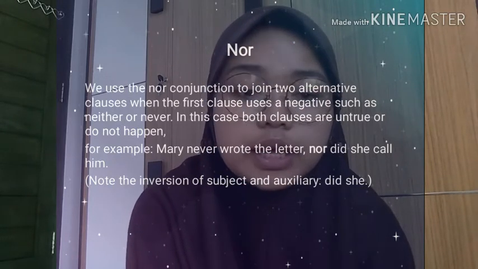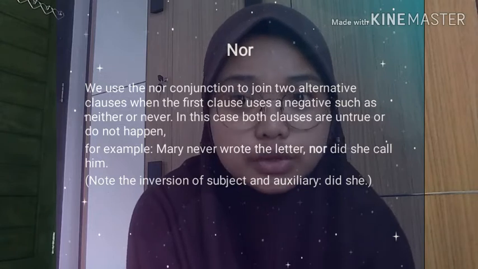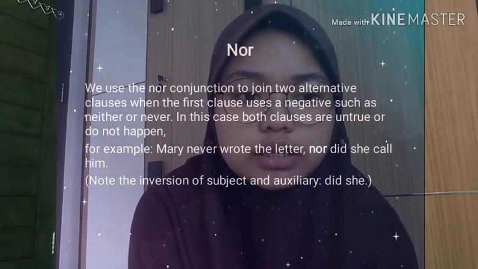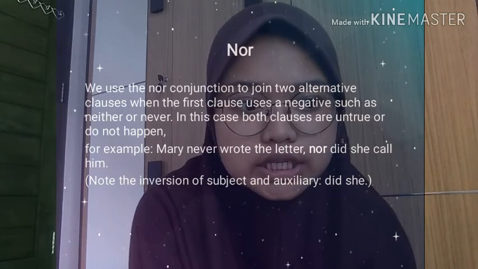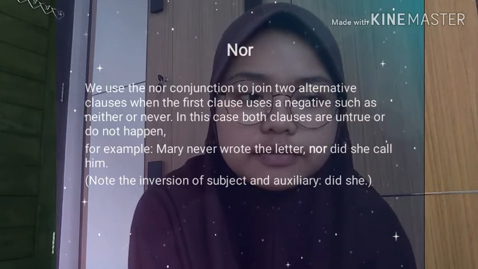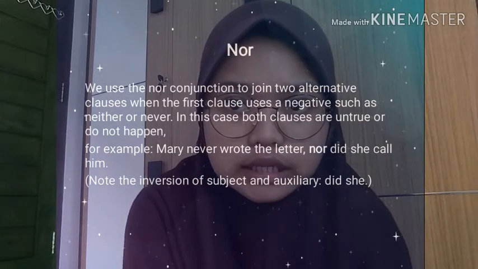For example, Mary never wrote the letter, nor did she call him. Note the inversion of the subject and auxiliary, did she. Another example is, there are no eggs in the fridge, nor is there any bread in the cupboard.